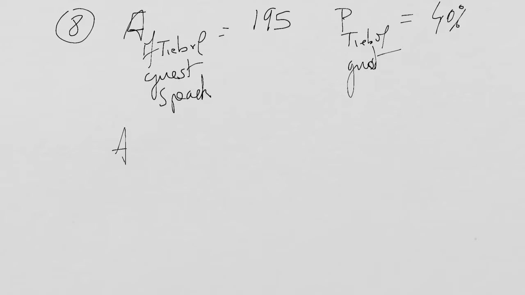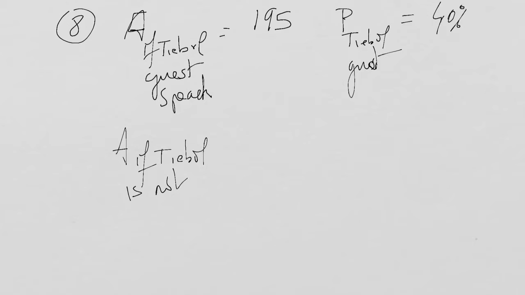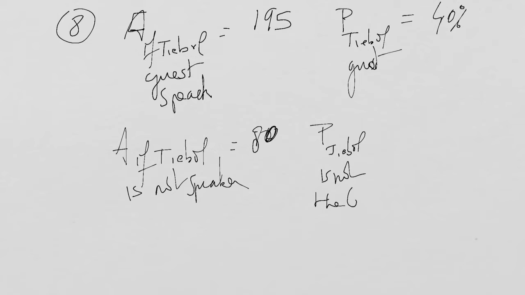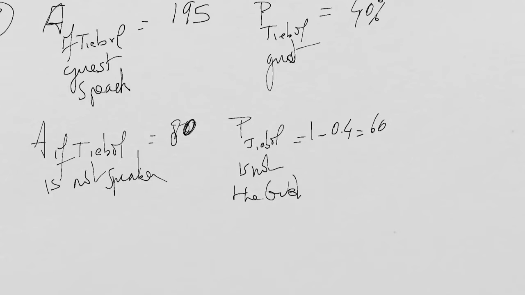Now, if Dr. T-Ball is not the guest speaker, the amount is 80 people, and the probability that T-Ball is not the guest speaker is 1 minus 0.4, 100% minus 40%, which is 60%.